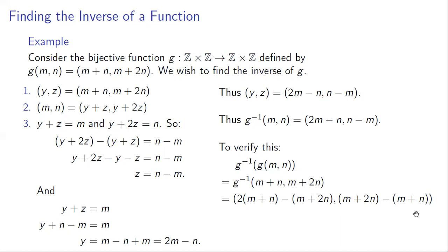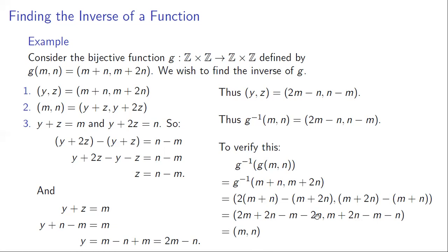All right, so now we just need to simplify it. So this becomes 2m plus 2n minus m minus 2n, comma, m plus 2n minus m minus n. And if we simplify this, we just get m comma n, right? The 2m minus m becomes m.